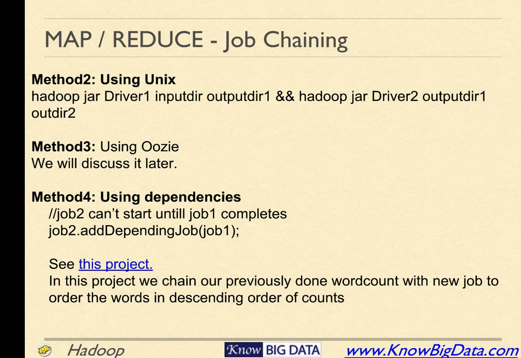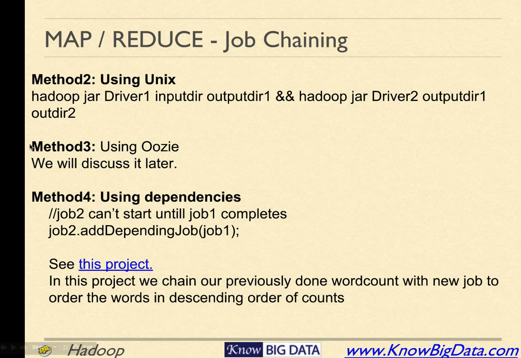Method number four could be using something called a depending job. We could say job 2 dot add depending job, so you cannot start job 2 until job 1 completes.